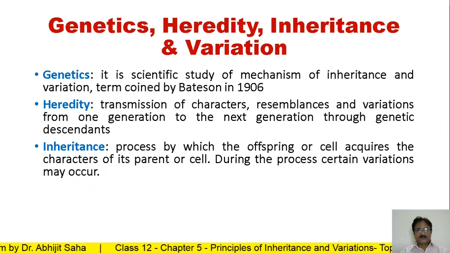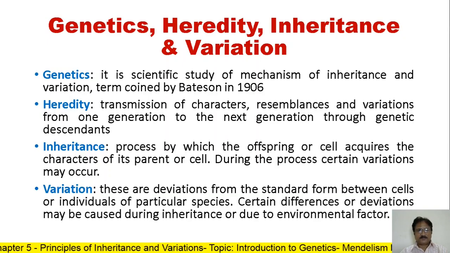Next term is inheritance. What is inheritance? It is the process by which the offspring acquires the character of its parents or the cell. If it is a cell division, then of course the cell, otherwise the offspring, they acquire the characters from the parents. But during this process of inheritance, a certain amount of variation may occur. Then what are these variations?